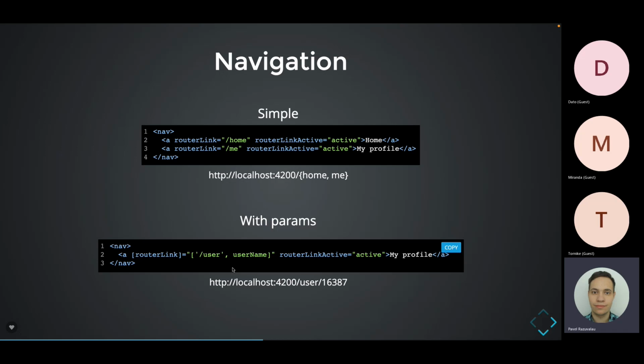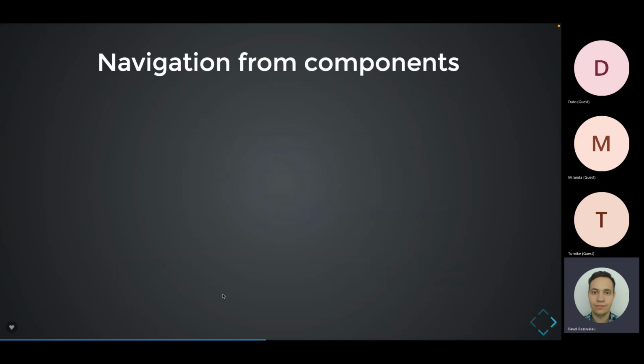Let's say we have some dynamic property, and perhaps the second example is the better idea, because the username is a variable that is going to be substituted. And again, the routerLinkActive will behave the same as in the first example. I guess there are no difficulties right here, so let's move further.